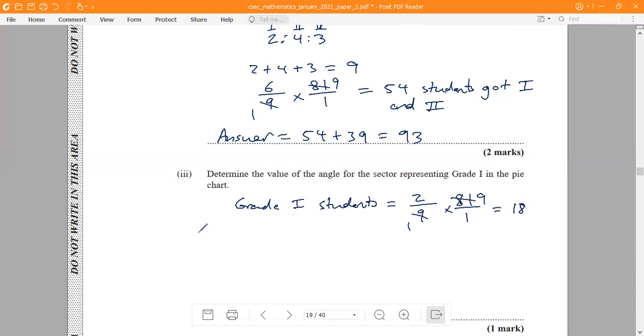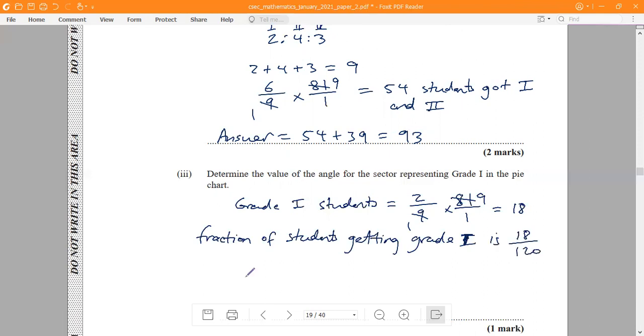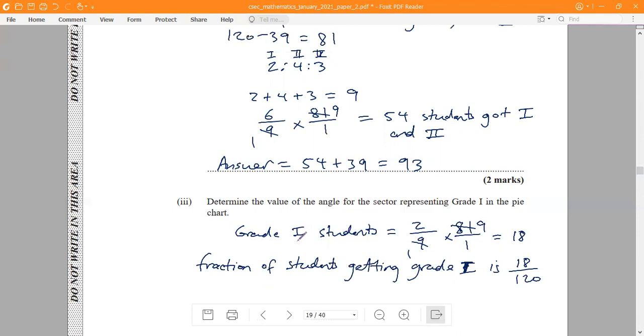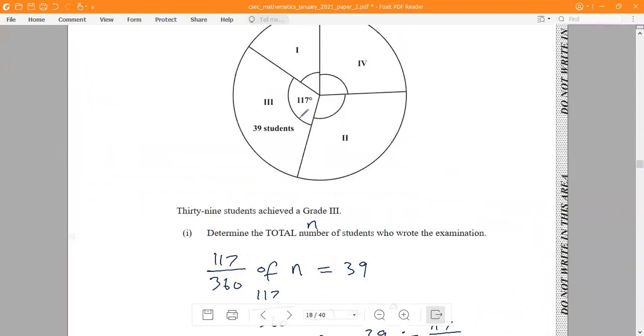In total you have 120 students. So the fraction of students getting grade 1 is 18 out of 120. We want to find out how many degrees that would be in that sector of the circle. What do we put here?